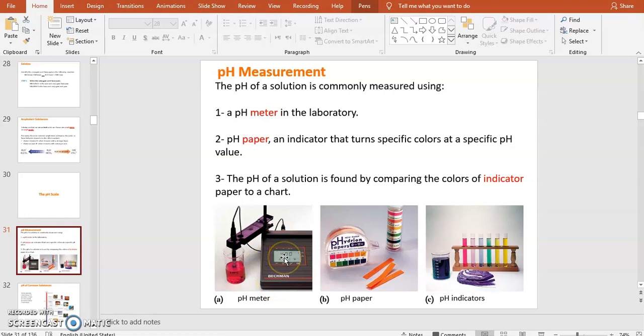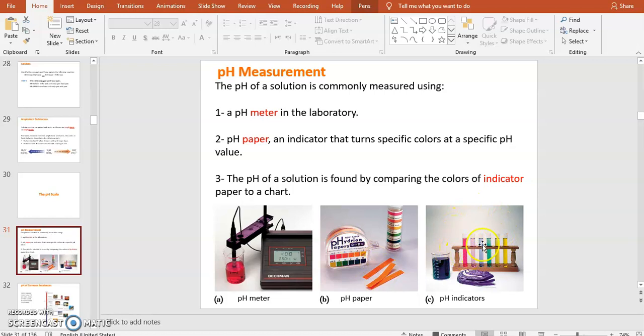Or the pH paper, as you can see, it's just a paper that turns into colors. Depending on the pH, you have a code here that you compare it to, and each code has numbers, so you can know the pH number by comparing the colors visually.